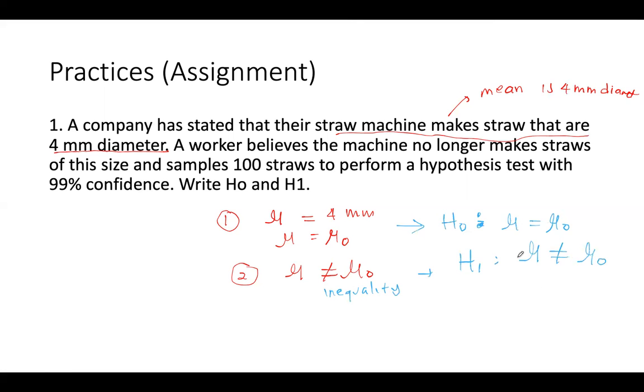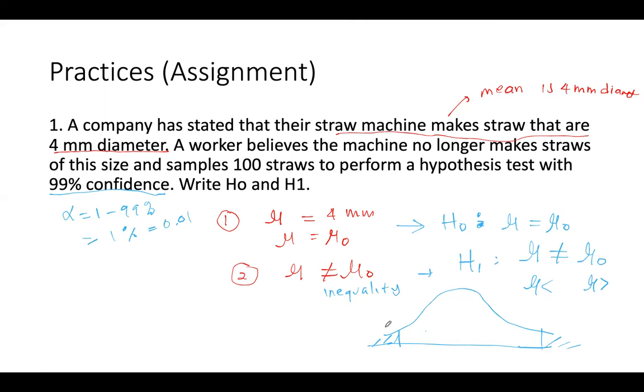And again, because it is not equal, it can be lower than or higher than, so you can claim that this is a two-tail hypothesis. Okay, and then this is 99% confidence. So the alpha would be 1 minus 99%, or about 1%, or about 0.01.